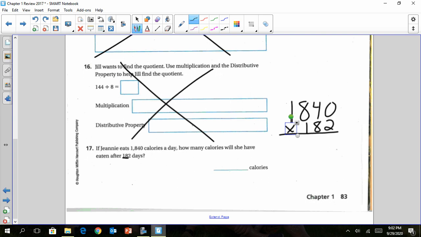Second thing students often make a mistake is when they move to the next place value, they forget to drop a 0. And in this case, we're going to move to the hundreds place, and we need to drop 2 zeros. So we have 1 zero when we move to the 8, and 2 zeros when we move to the 1. One other common mistake is students make simple addition mistakes or simple multiplication mistakes as we go through here.